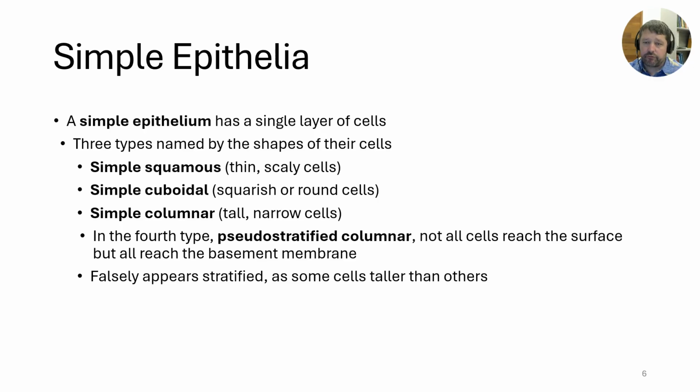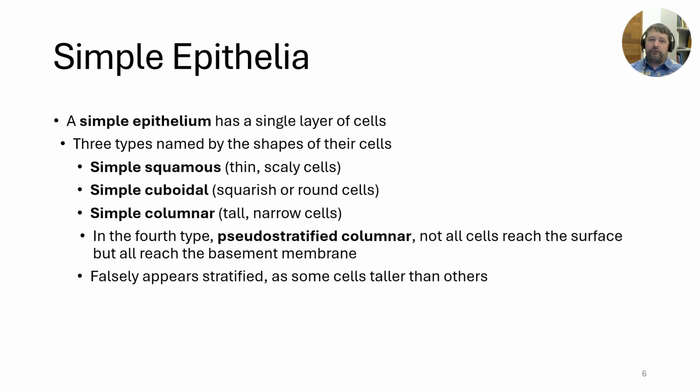And then, of course, there are deviations around this. You can have pseudostratified columnar, which are technically simple cells, but they look like they're stratified.